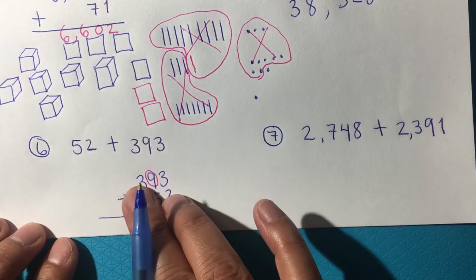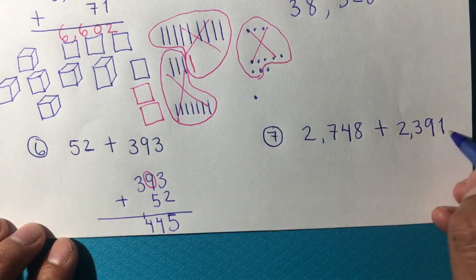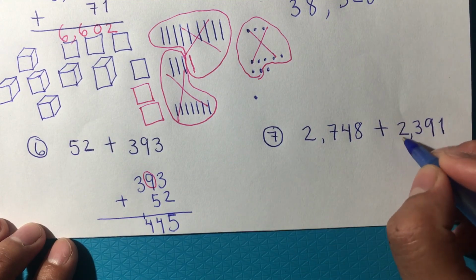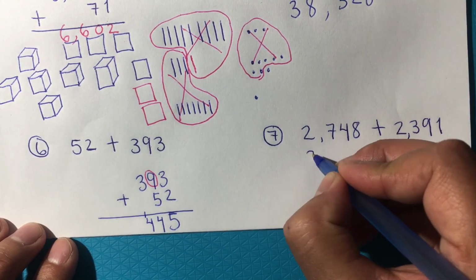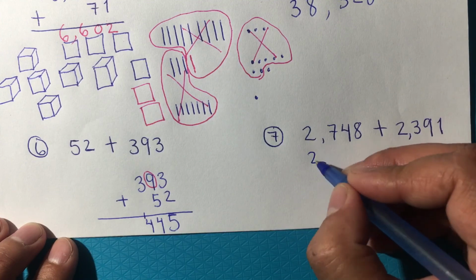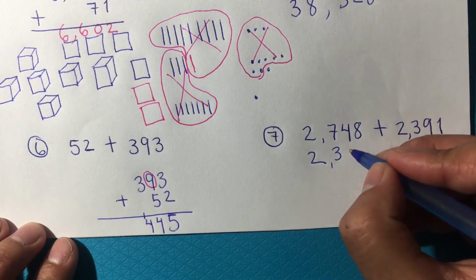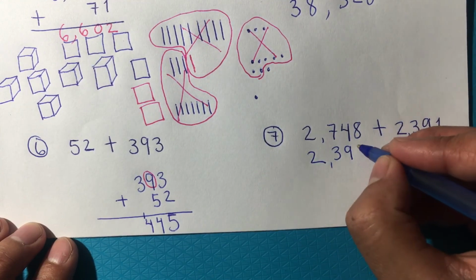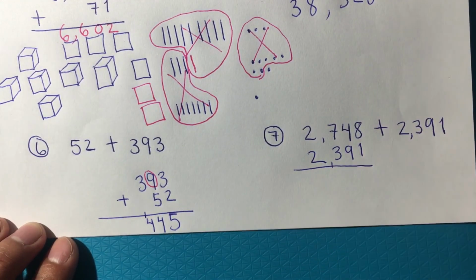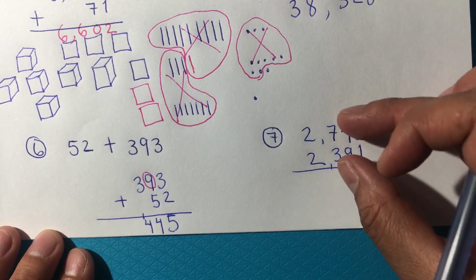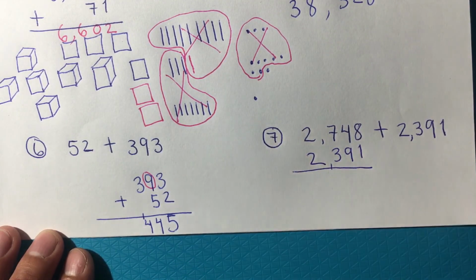You can copy both like this, or you can just say, oh, I'm just going to add the second one down here. For this one, since I have thousands on both, making sure that I align thousands with thousands, hundreds with hundreds, tens with tens, and ones with ones.